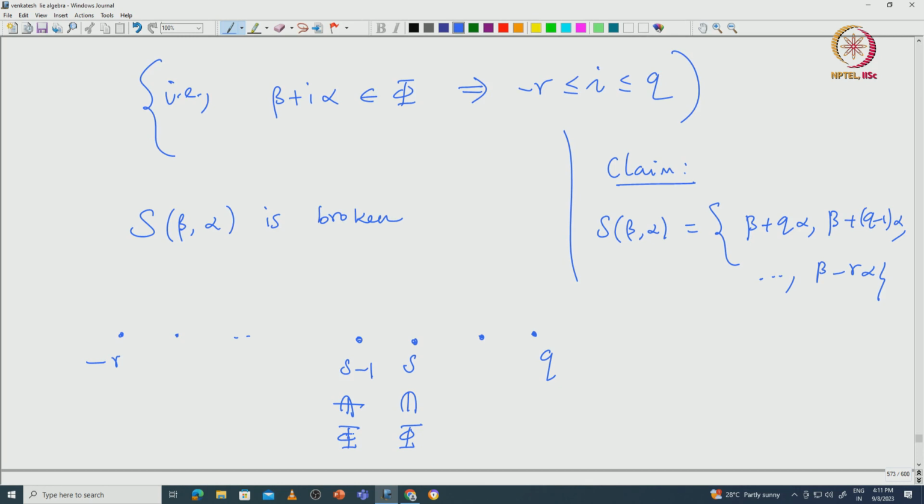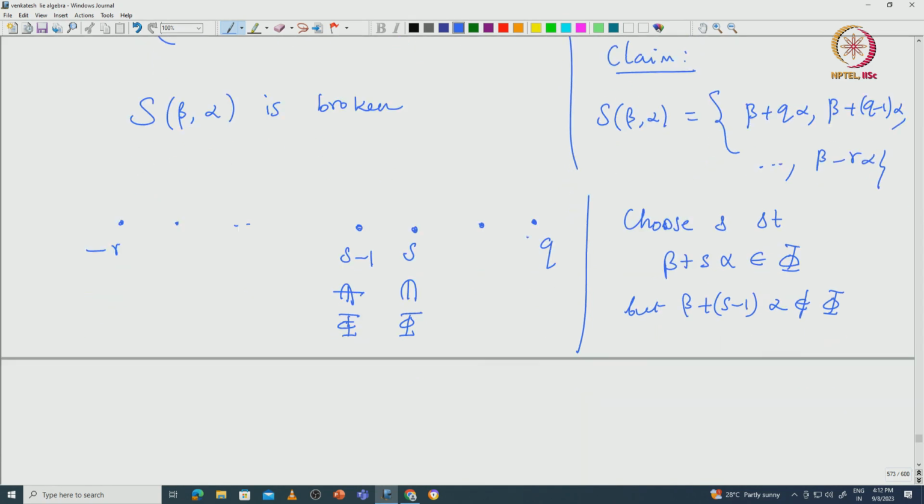So, you can choose this s such that beta plus s alpha is in phi, but beta plus (s minus 1) alpha is not in phi. We can choose this by starting from Q and going down.